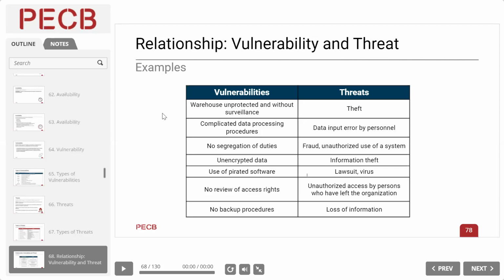The threat, lawsuit or virus. The vulnerability, no review of access rights. The threat, unauthorized access by persons who have left the organization. The vulnerability, no backup procedures. The threat is the loss of information. Okay. So, as I said, there's always a direct relationship between the vulnerability and the threat, always direct.